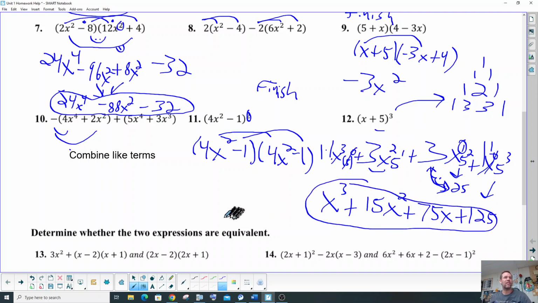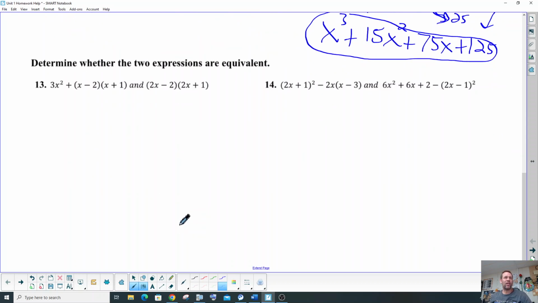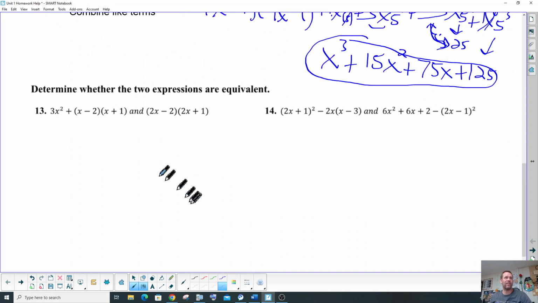Nice. Okay, so then we're down to 13 and 14. All you're going to do is determine whether the two expressions are equivalent or not. It looks like we're going to do some distributing here, as well as squaring this first. And then eventually you'll distribute that negative through, but over on this side, we're just going to go into FOIL here.